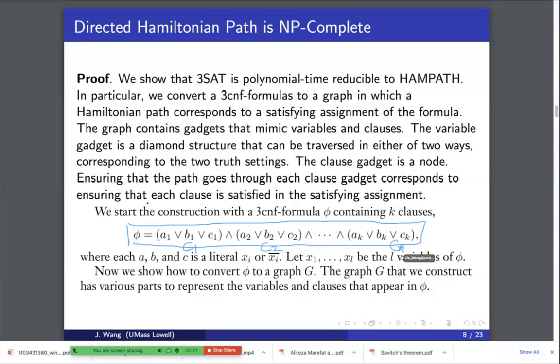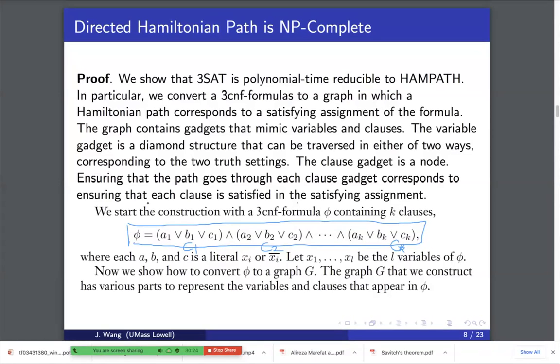Instead of M, we use K. So you have K clauses, and each clause has 3 literals, and the total number of variables is L. I used M and N earlier. So let's say you have K clauses and L variables.